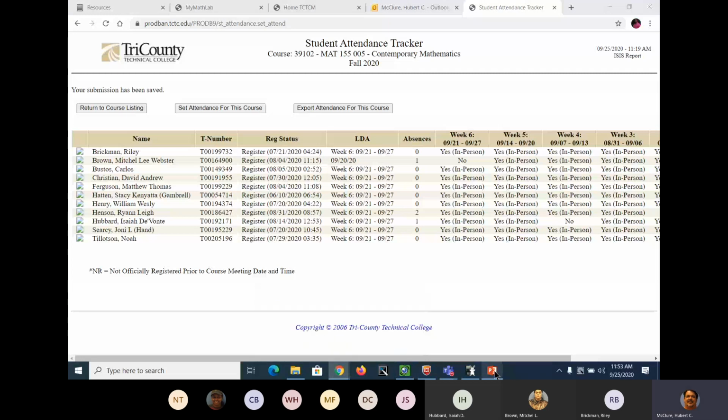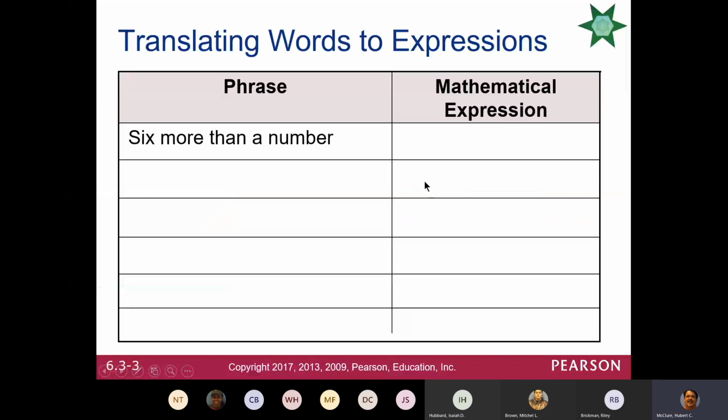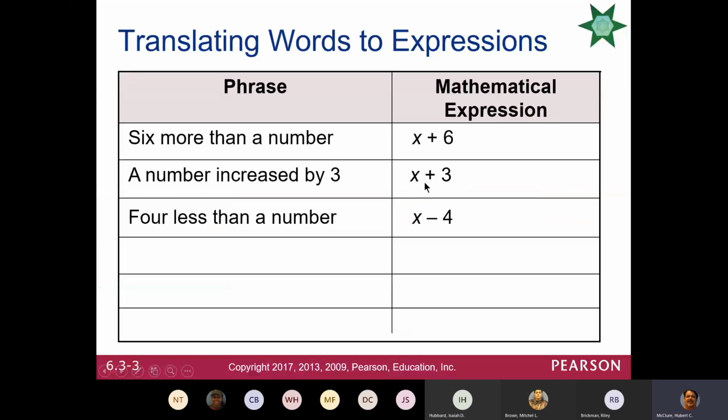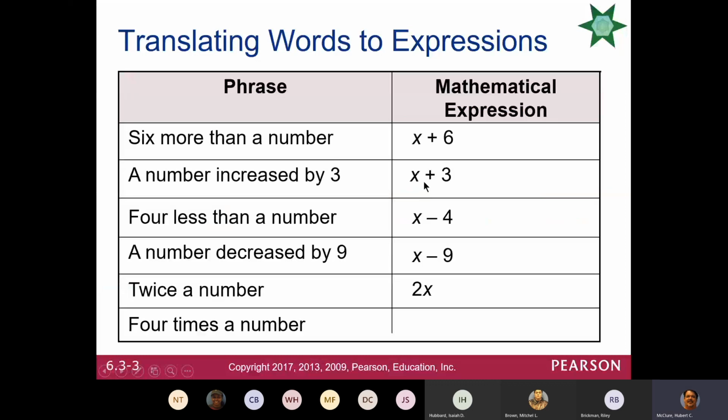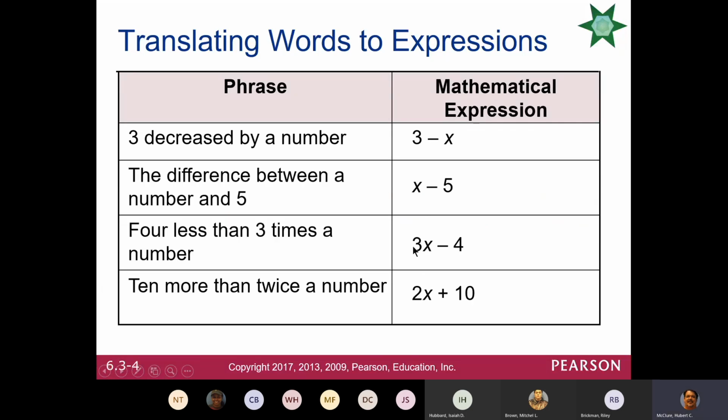Trying to find my PowerPoint. There we go. So you've got these written down. And go ahead and write these down. Okay, there's that less than again.